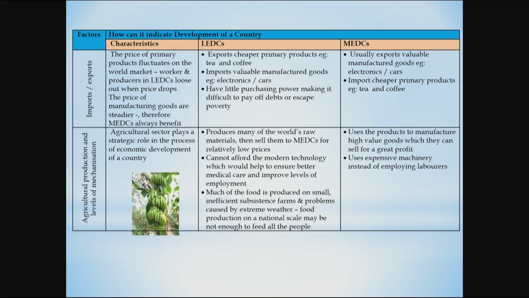Whereas MEDCs, they use the products to manufacture high value goods which they can sell for great profit. Okay, so you can start thinking along this line, what are the things that they get and then they manufacture.